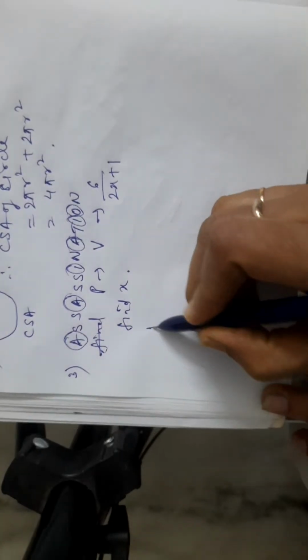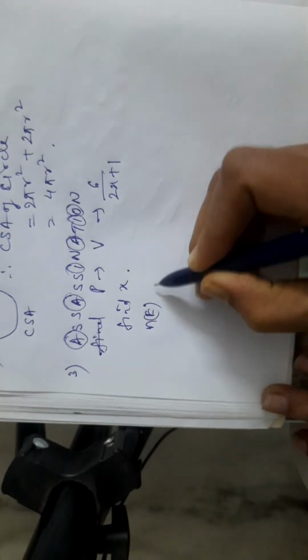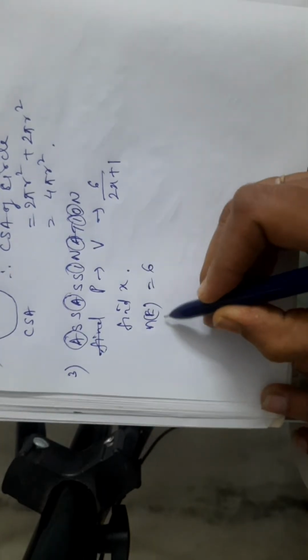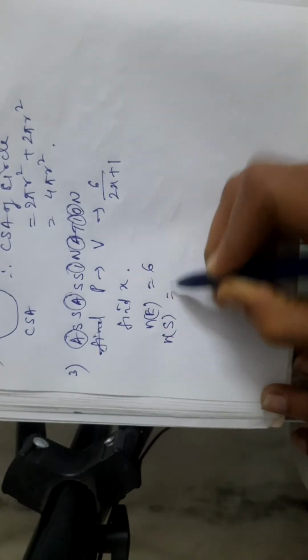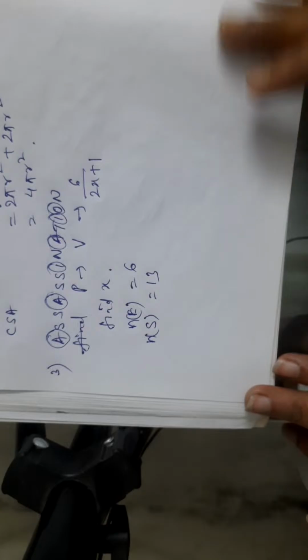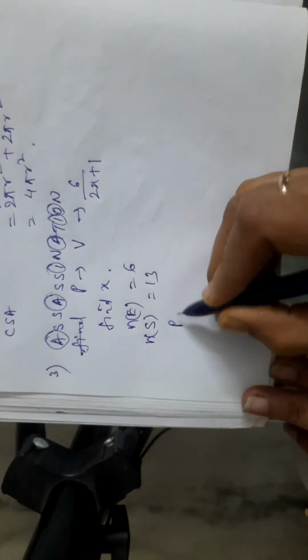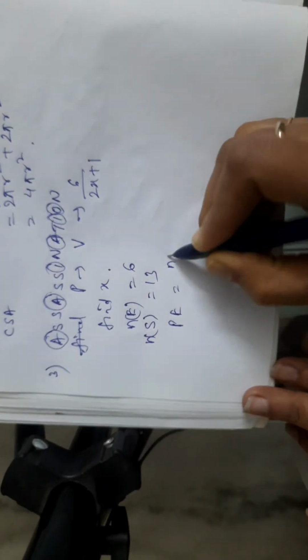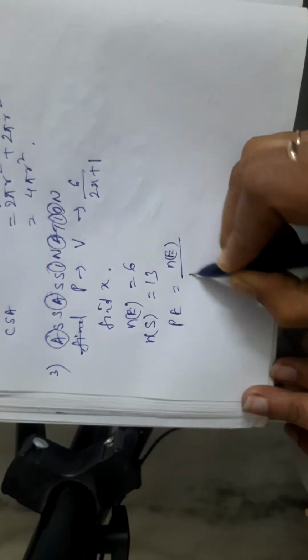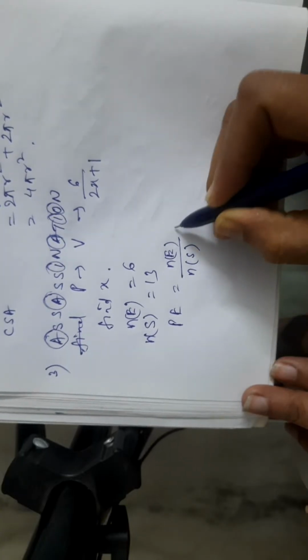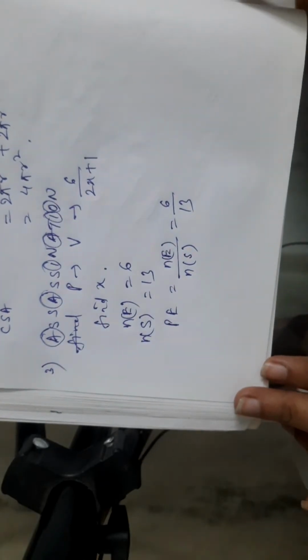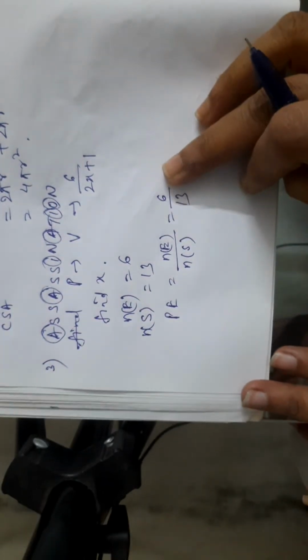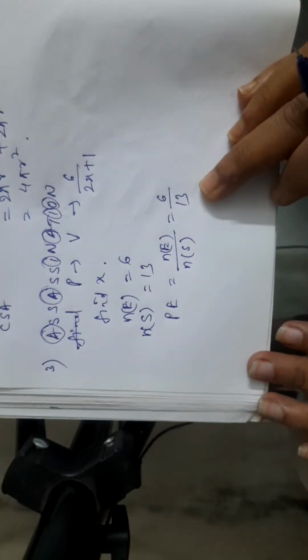The probability of the event is 6 upon 13, total 6 vowels and all letters together 13.